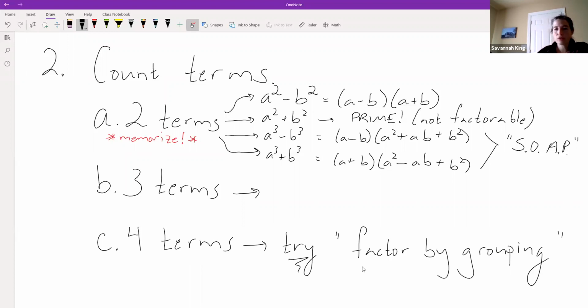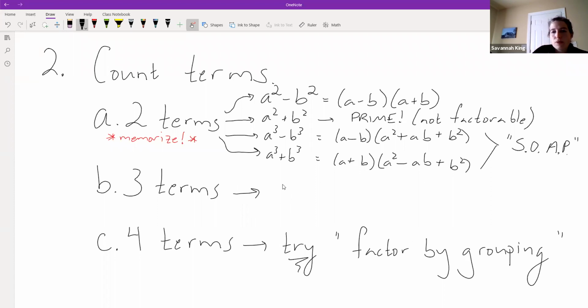And again, I'm putting the word try in there because I wouldn't do this to you on the test, but I can't guarantee that as you're studying for the test you won't come across one that looks like it should factor by grouping, but doesn't. So at least try that, but know that it's not necessarily a bad thing if you aren't able to succeed with it.